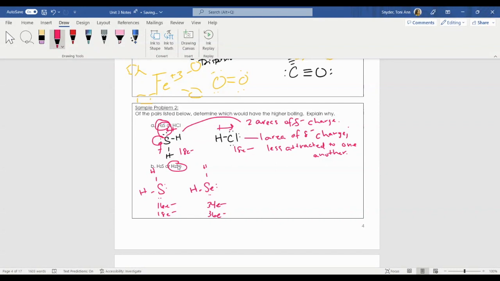Generally, the phrase that chemists use is that we say that selenium has a more polarizable electron cloud. That means that it has more electrons, so that electron cloud can become more polar. It has a more polarizable electron cloud.